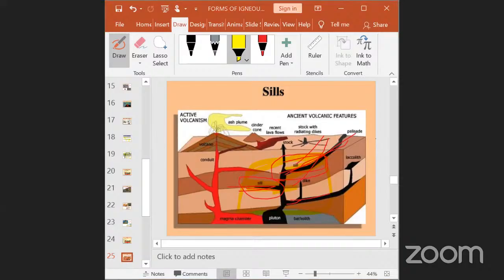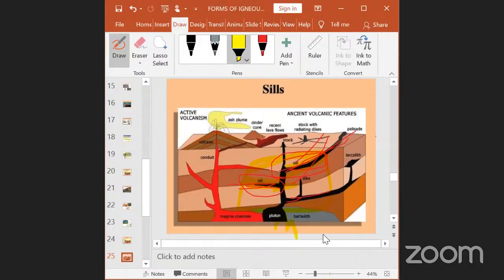Lava flows undergo quick cooling, producing very fine grained igneous rocks, whereas sills cool down rather slowly and therefore produce medium and coarse grained igneous rocks.